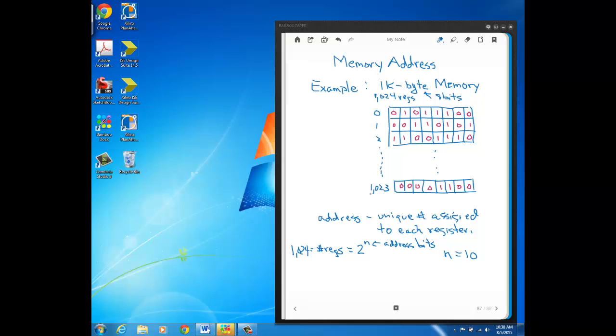So the maximum address, the 1023 here, is when all the bits are equal to 1. Okay? And you know, of course, this would be when all the address bits are 0. Right, and then we'd have all zeros and a 1, and then all zeros, 1, 0, and so on.